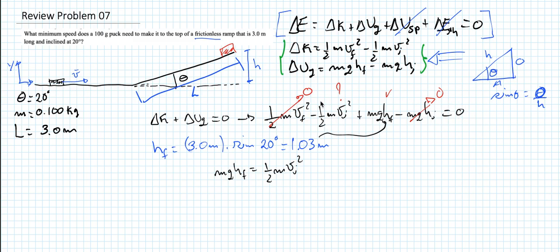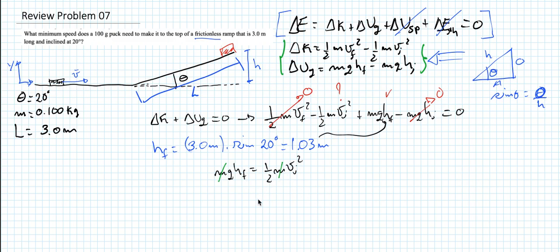Every time we move one variable or number from one side of the equality to the other side, we change the sign, right? So you know that I love to do what I'm going to do right now: cancel the mass, because we have mass on both sides.